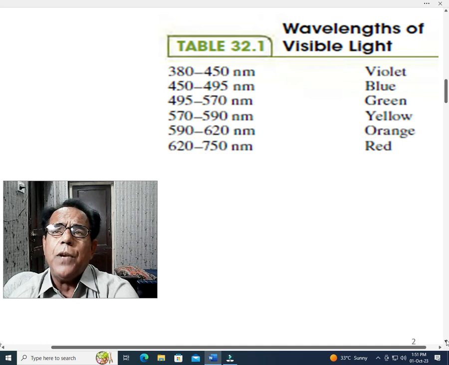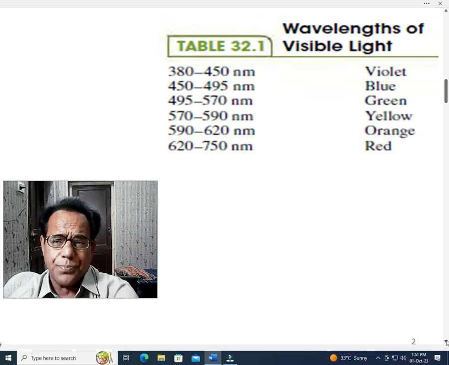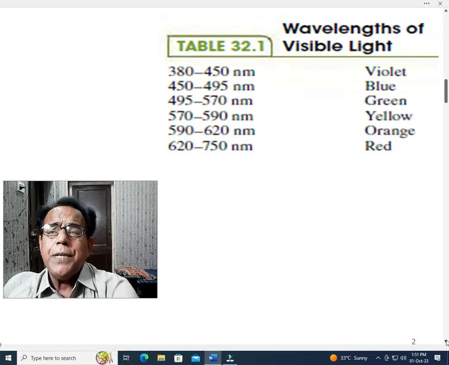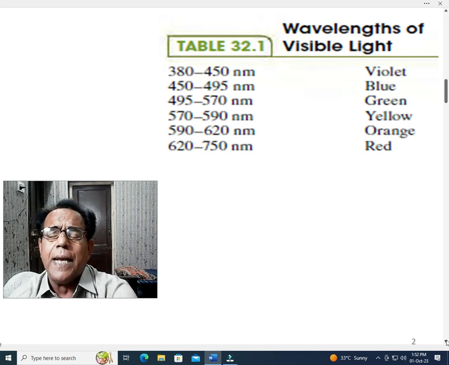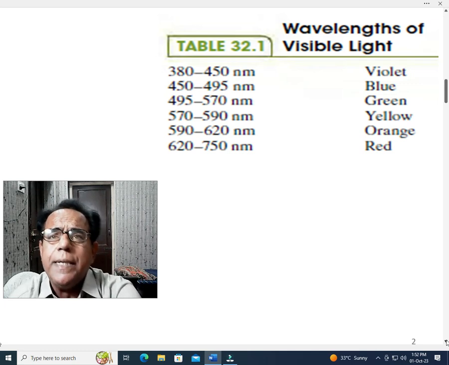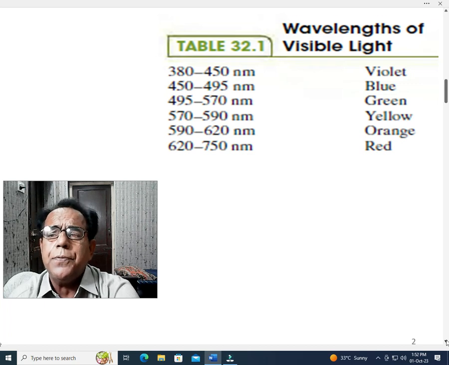Next snapshot is about electromagnetic waves, the spectrum of electromagnetic waves. It will also be used to some extent in this problem. Violet, blue, green, yellow, orange, red. Red has wavelength from 620 to 750 nanometers, while violet is from 380 to 450 nanometers.